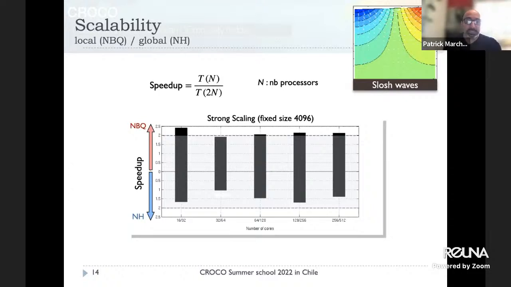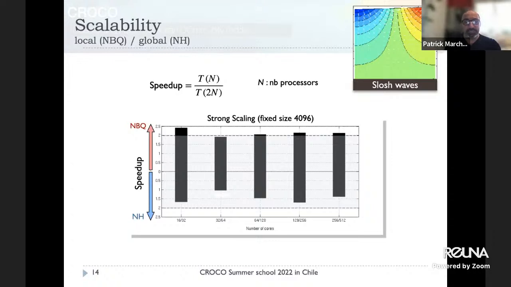So here in the plot, we compared the speed up for the NBQ approach, which is the compressible approach, in red, and below the non-hydrostatic approach with the pressure correction method.